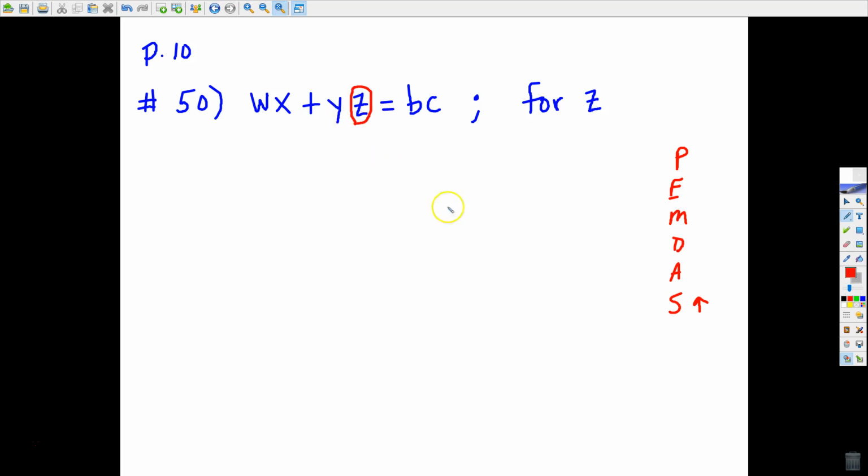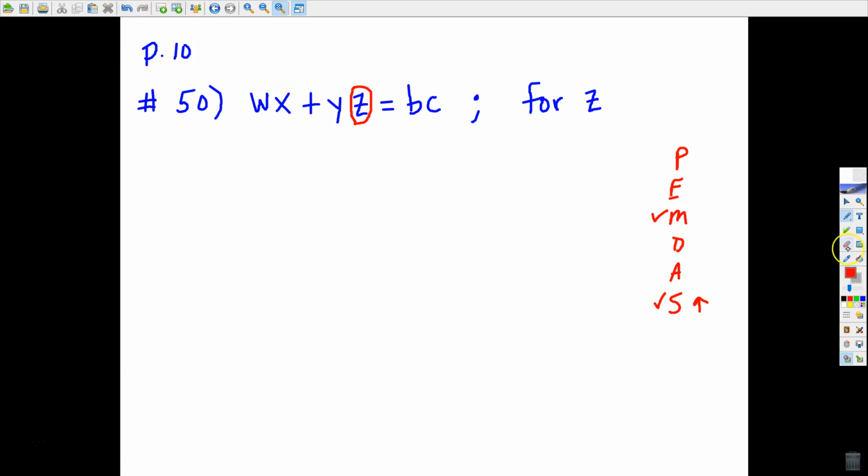Well, multiplication by y, so I'm going to put a check by the m, and then I'm adding this other term wx, so addition is also involved. Well, if I start to undo these in reverse order of PEMDAS, that means I'm going to start with undoing, I checked subtraction.